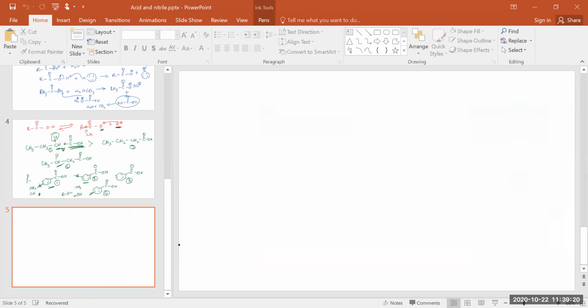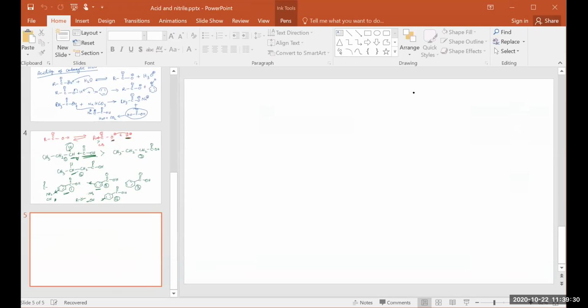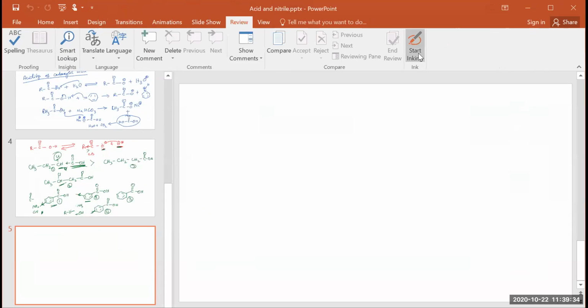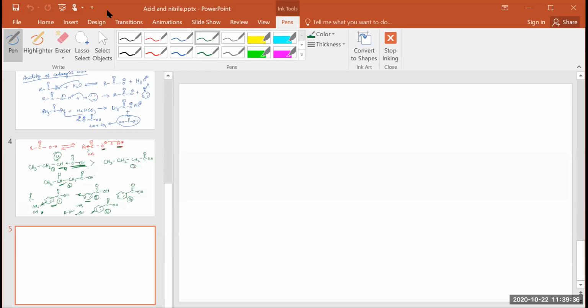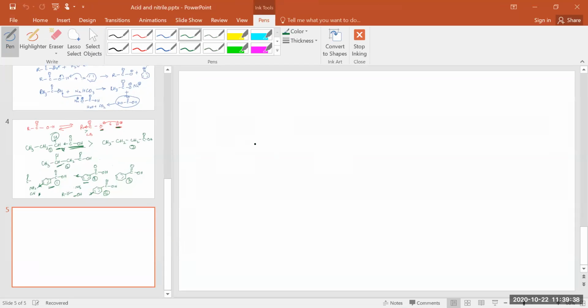Okay, so this is another method to make carboxylic acid. Here basically the reaction of an anion with carbon dioxide can give carboxylic acid, like Grignard reagent is the best example.